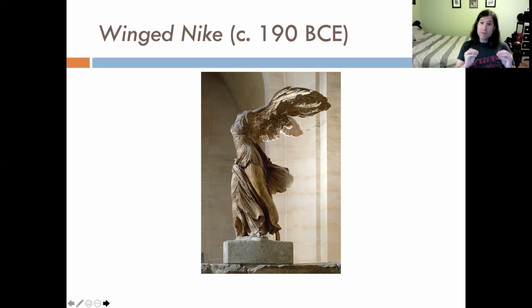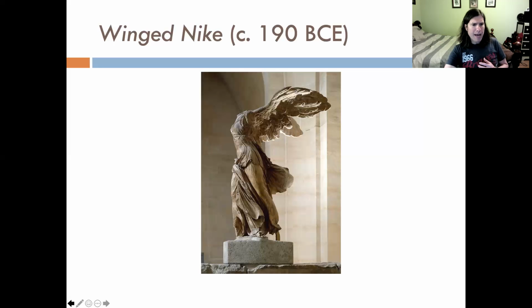Hellenistic art is going to be much more preoccupied with the individual, less concerned with what all humans may have in common, more concerned with capturing an individual personality or figure.